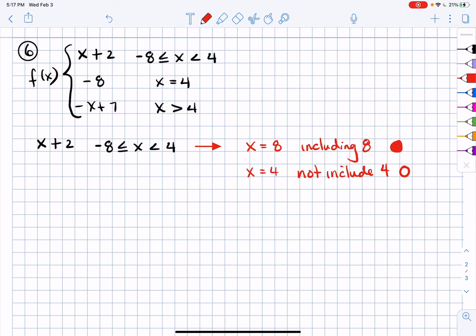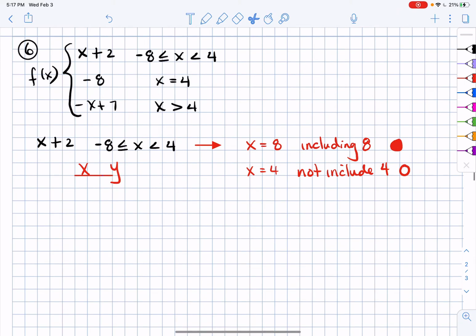So with x, y, when x is equal to negative 8, if I plug that in here, I do not like what I'm doing right now, so I'm just going to rewrite it.